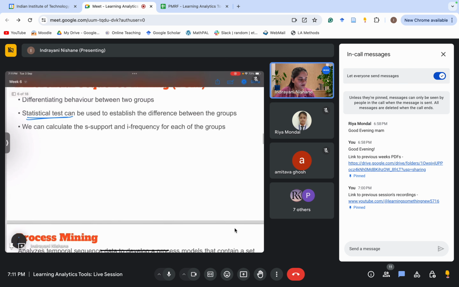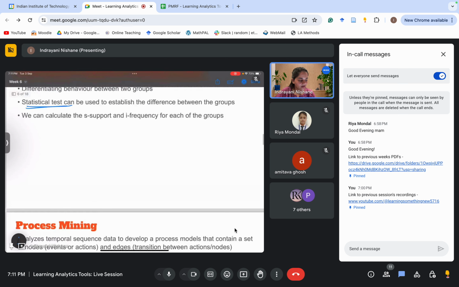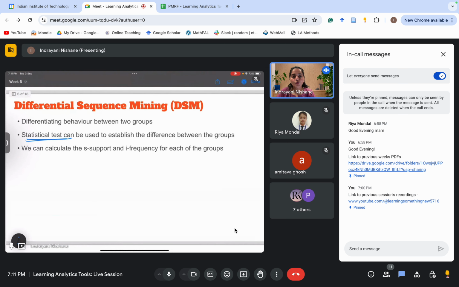Even though it sounds a little confusing, it is nothing but looking for frequent sequences of actions, because log data has action and time. Log data has two components: the action which the student has performed, and the timestamp at which that action got performed. This tells us about the sequential nature: which action occurred first and which action occurred immediately after that. So there is a sequence of actions.